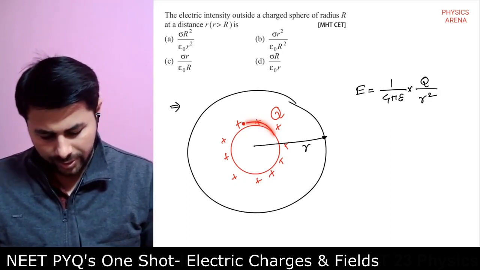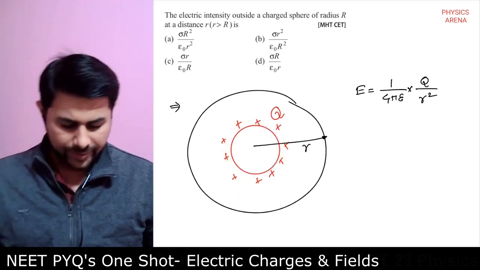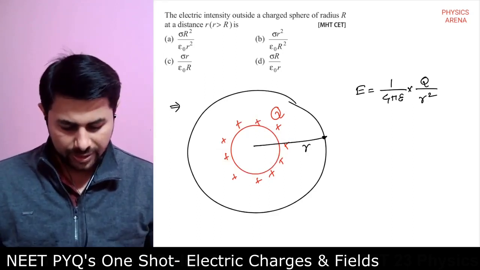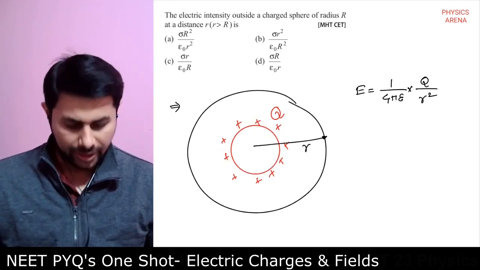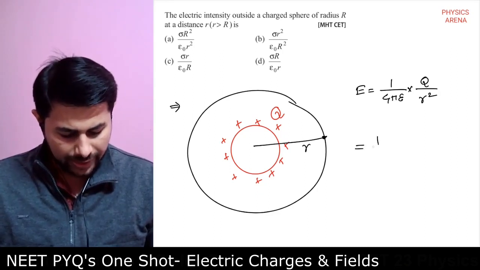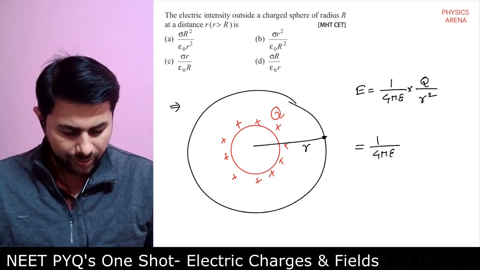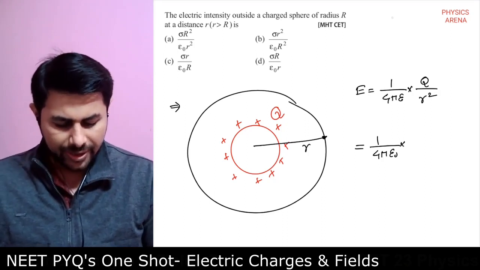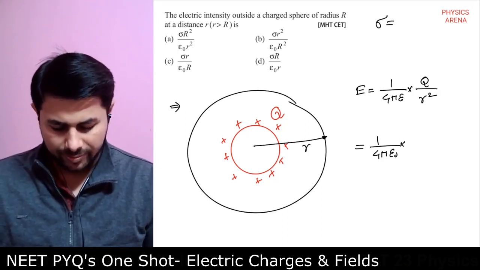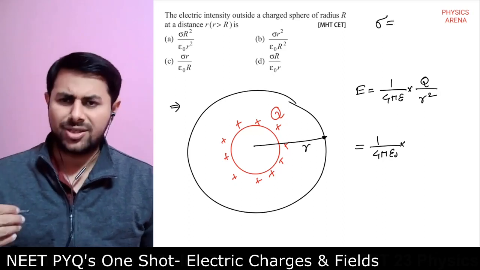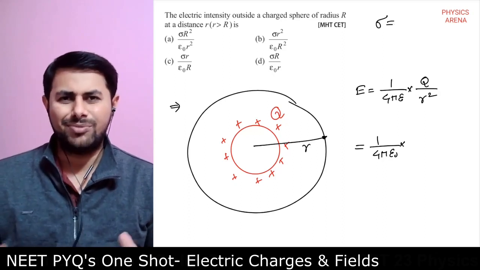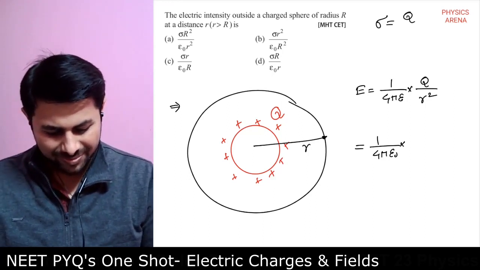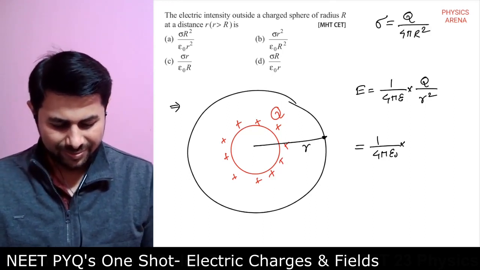Now, if this is a hollow sphere, then charge will be distributed on the surface of the sphere. So electric field is given by 1 upon 4 pi epsilon naught multiplied by Q, which can be written in terms of sigma because they have given sigma. It means it is a hollow sphere, right? Charge is distributed on the surface. So sigma is equal to Q divided by 4 pi R square.